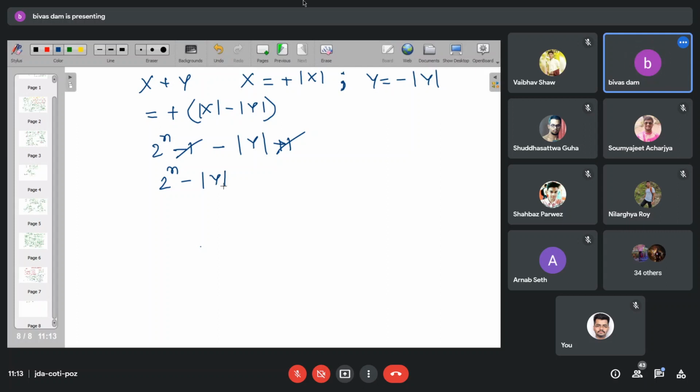So now this x plus y, where x is positive and y is negative, is nothing but plus mod x plus 2 to the power n minus mod y.